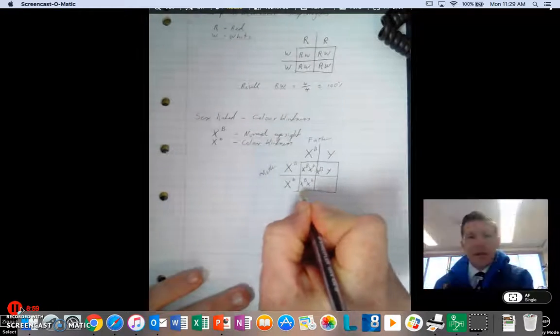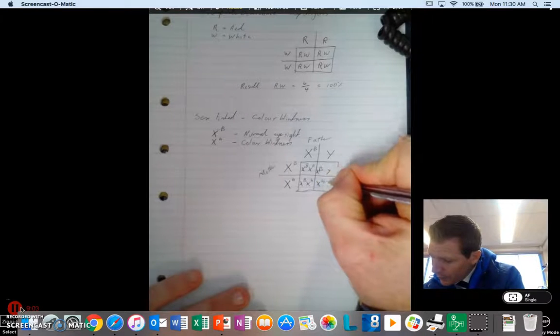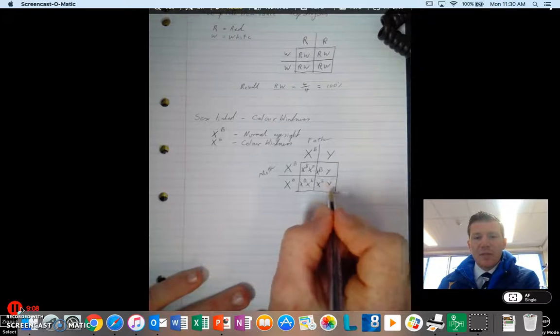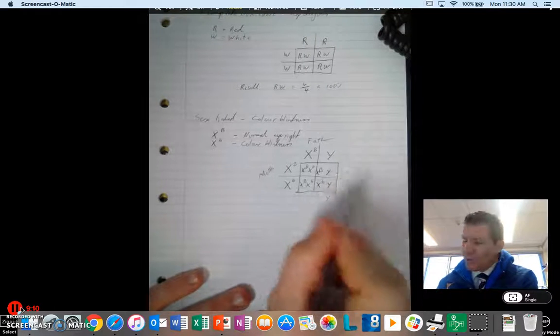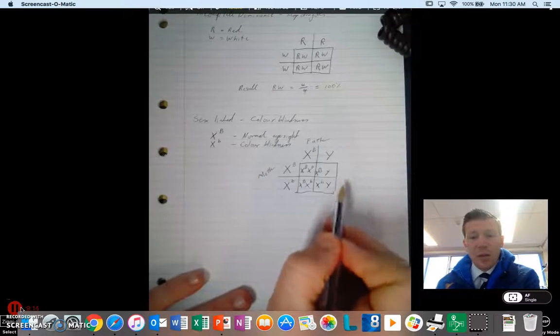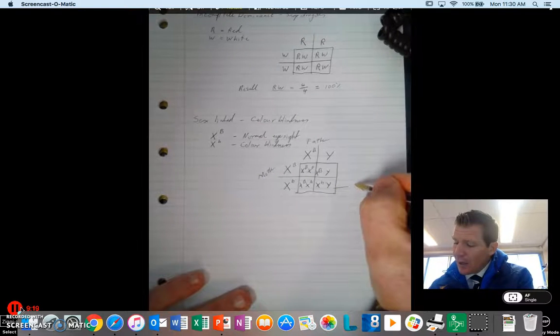You've got a mother who's a carrier, but she's got normal eyesight. And then over here, we've got a male child who has the recessive gene and a Y. Because there's no dominant gene on another X, and the Y doesn't carry the gene, this person is going to be colorblind.